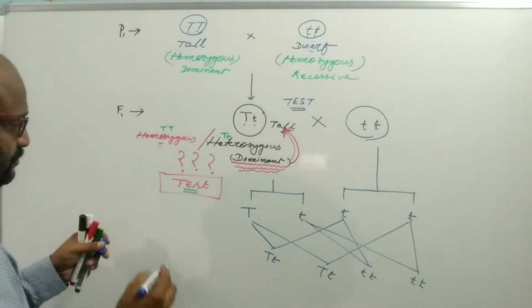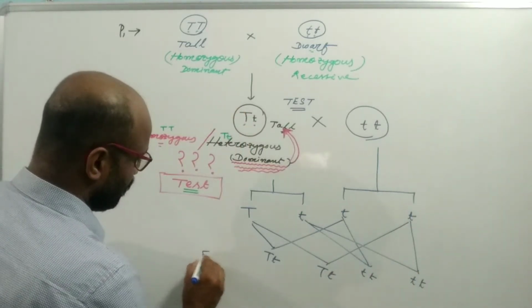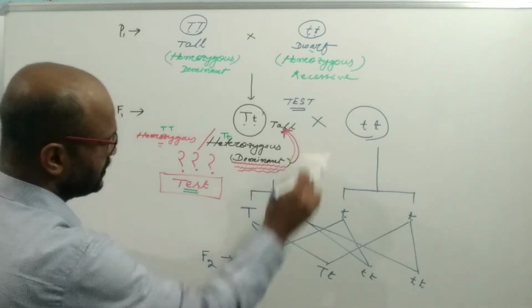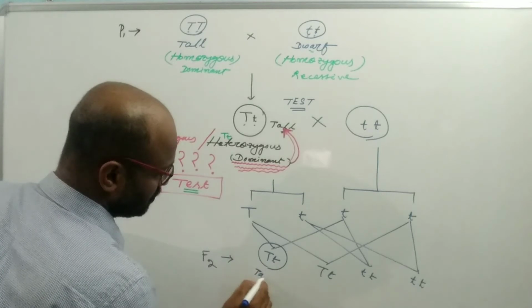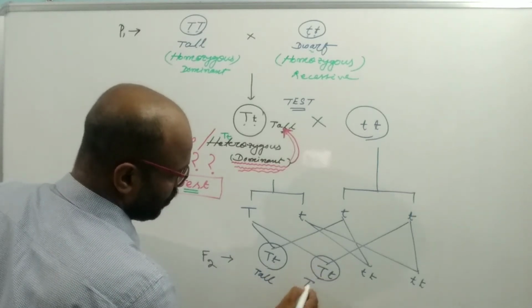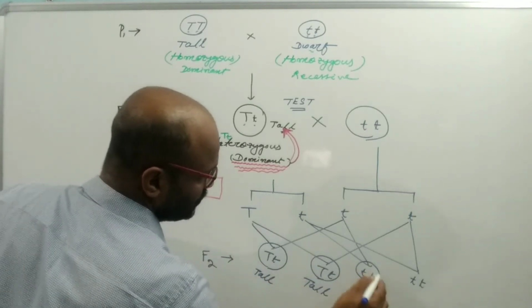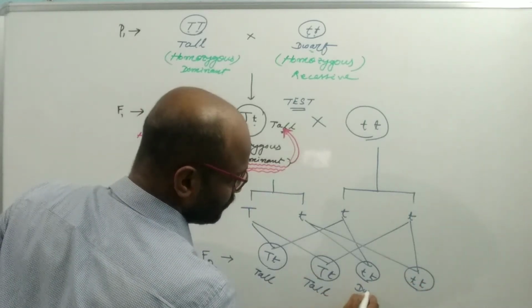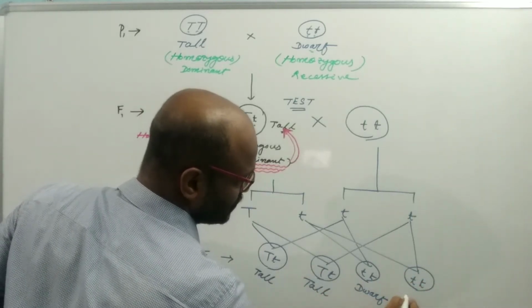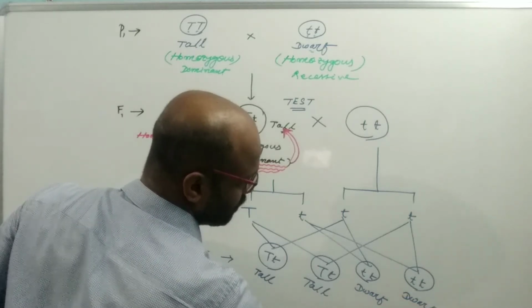So in the F2 generation of this test cross, two offspring would be tall and two offspring would be dwarf.